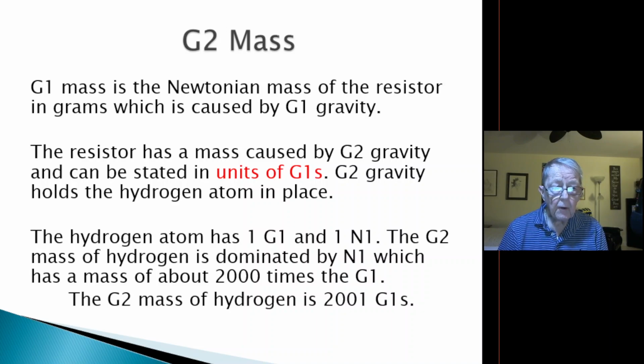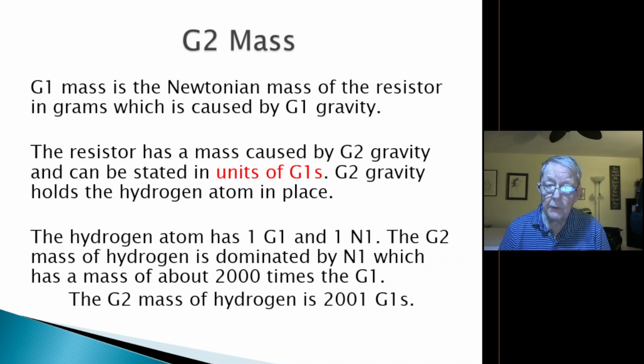G2 gravity, for example, holds the hydrogen atom together and in place, holds the G1 around the N1. The hydrogen atom has one G1 and one N1. The G2 mass of the hydrogen is dominated by N1, which has a mass of about 2,000 times the G1. Actually, the number is like 1837.